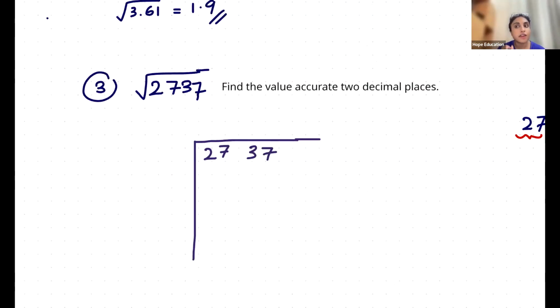Let's consider our very first pair, which is 27. That is not a perfect square.